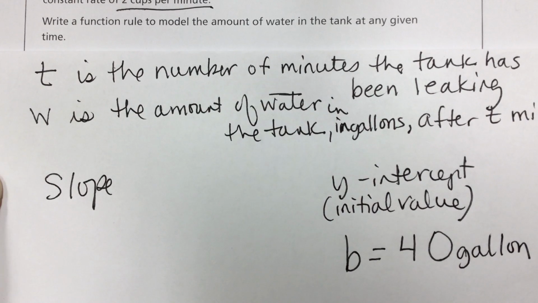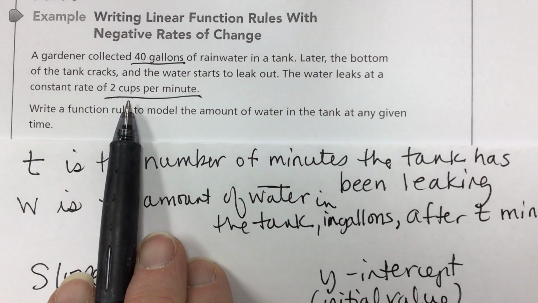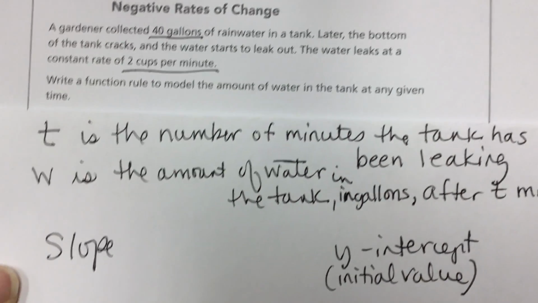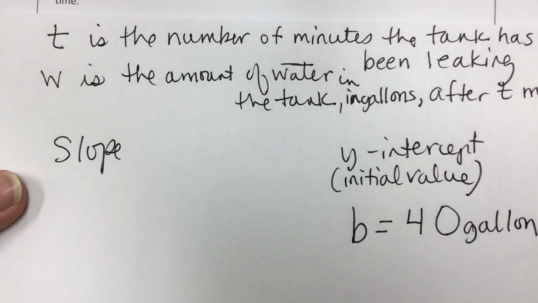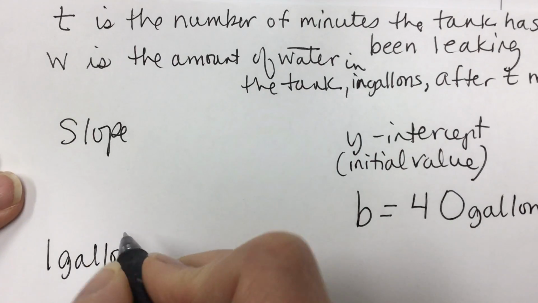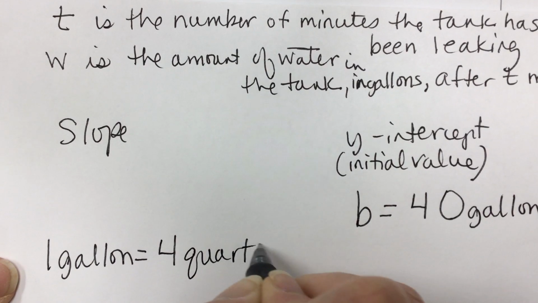There were 40 gallons in the tank. Now, what is your slope? What is the slope? Well, what we first have got to determine and talk about is gallons compared to cups. All right, let's remember. 1 gallon is the same thing as 4 quarts.